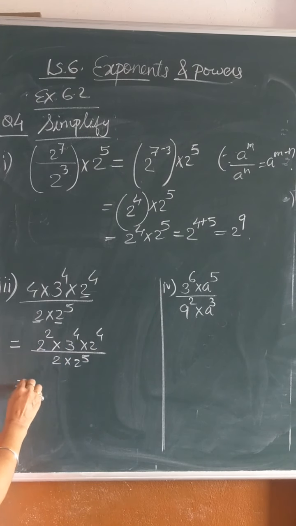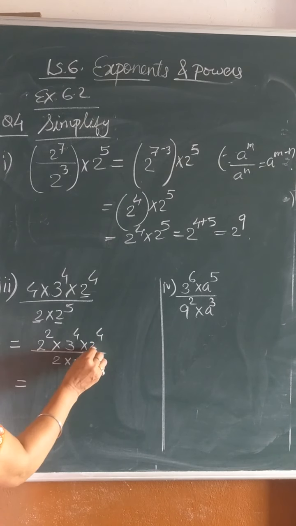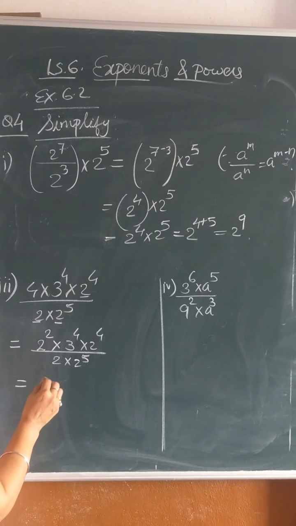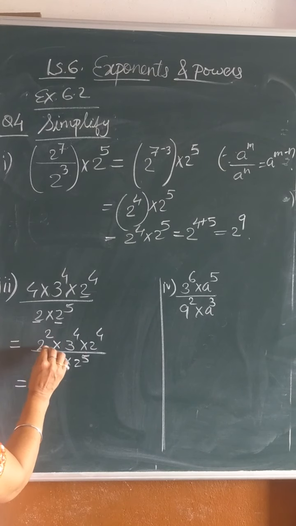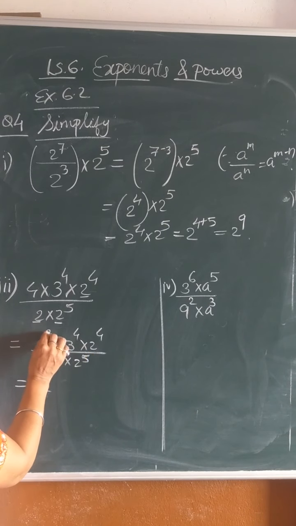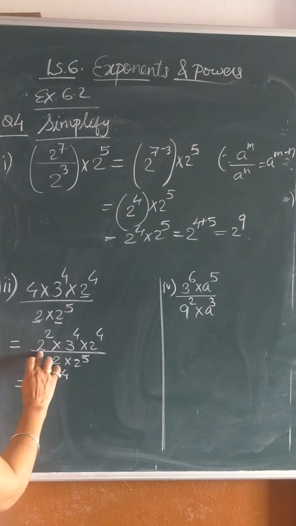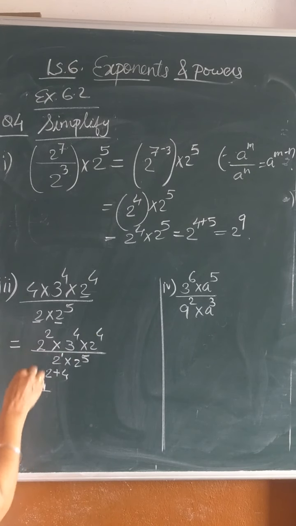Now I will use the law where the base is the same. Here the base is the same, here also. When I use the law here in the numerator, because the multiplication sign is there, these powers will be added: 2 plus 4. Now the division sign is there, and if no power is written, it is 1.